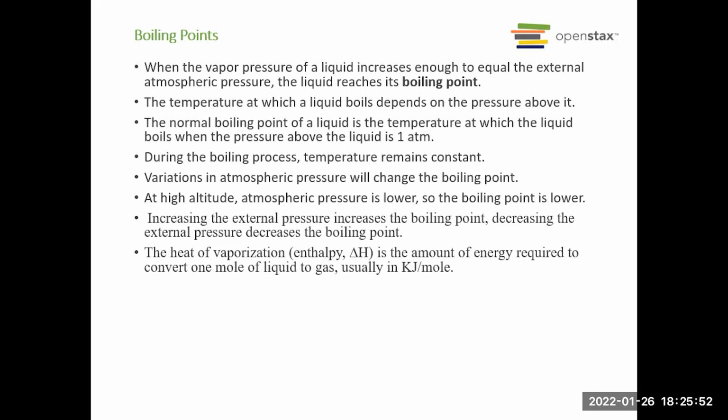Okay, so when the vapor pressure and the atmospheric pressure are equal, that's when we reach our boil. Things start to boil at that point. So we know that vapor pressure is dependent on temperature, right? And we also know that that affects when things start to boil, because the more temperature you put into it, the more it affects this.